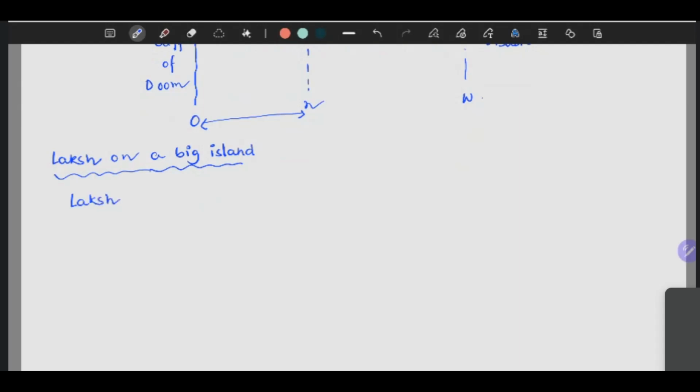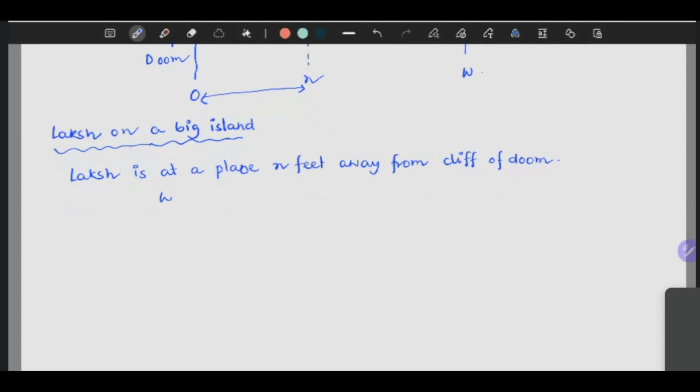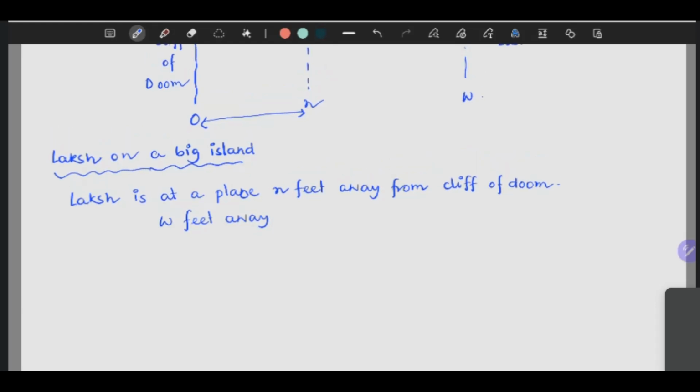Lux is at a place n feet away from the cliff of doom, and he is also W feet away from the pit of disaster.